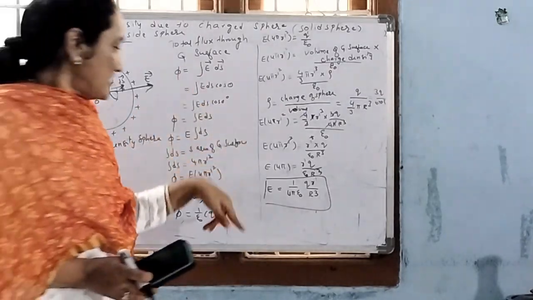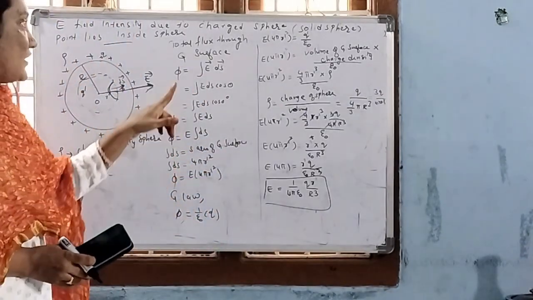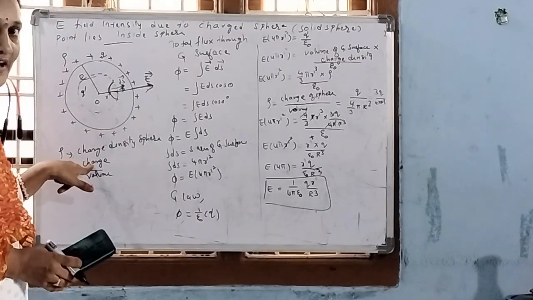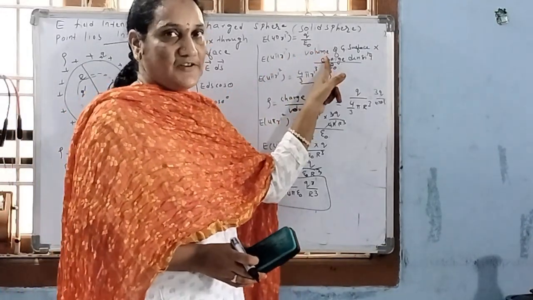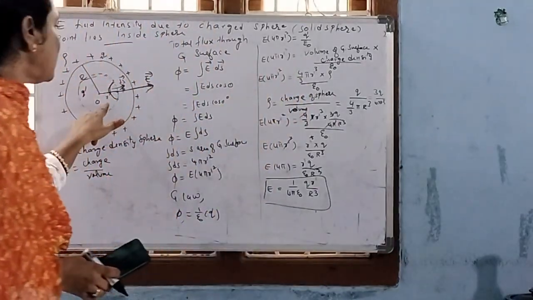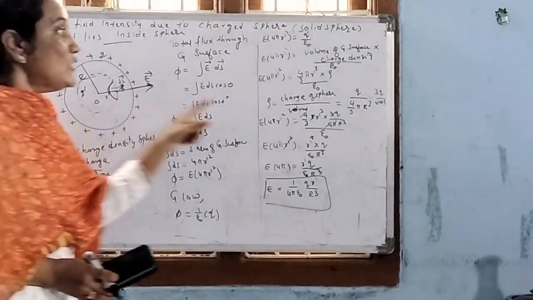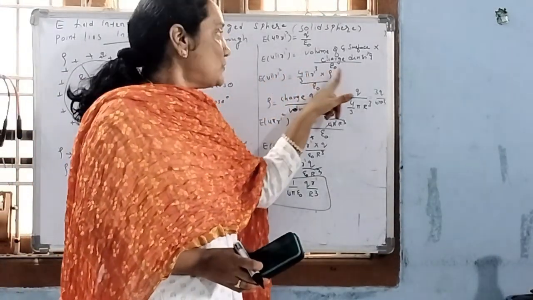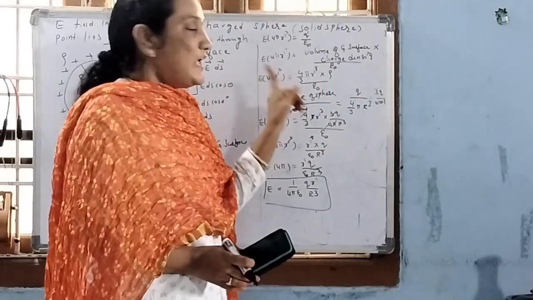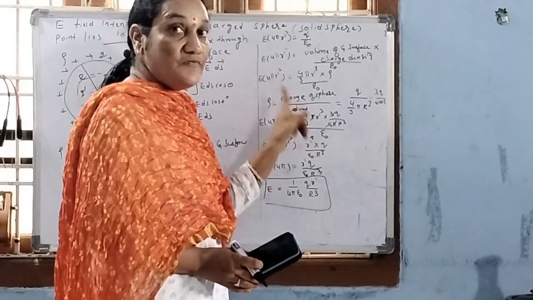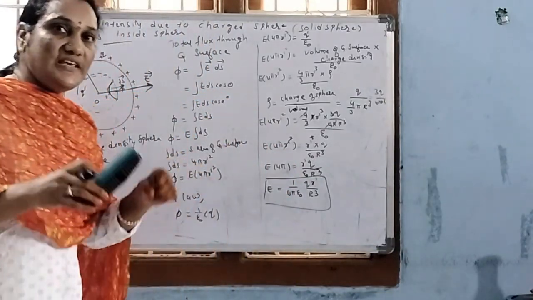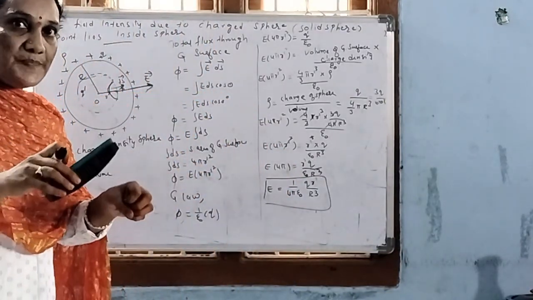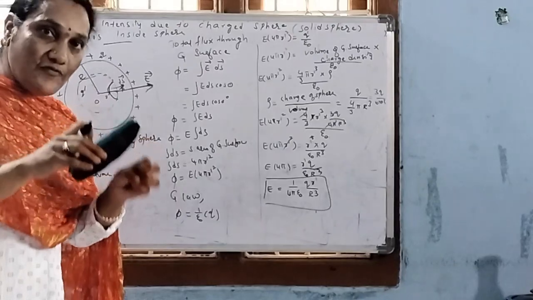Now next, this q dash can be written by following this formula as charge density into volume of Gaussian surface. Volume of Gaussian surface, r dash is the radius we said. So 4 by 3 pi r dash cube into rho by epsilon naught. Now in place of rho we are substituting charge of sphere by volume, because the Gaussian surface is inside that sphere with a charge density of rho.